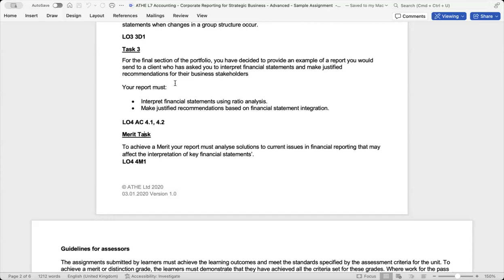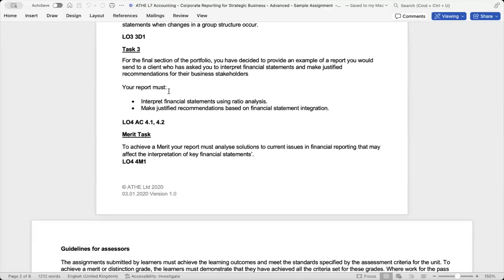section of the portfolio. Here the objective is to provide an example of a report interpreting financial statements and making justified recommendations for a client business's stakeholders.